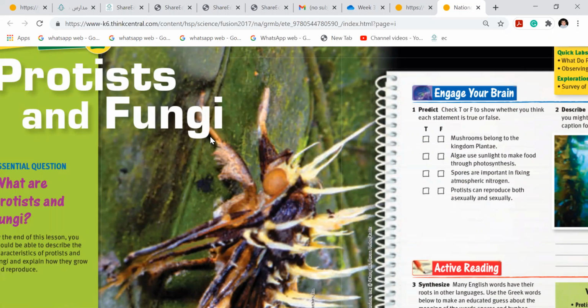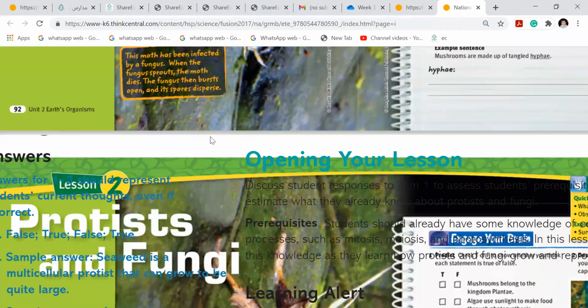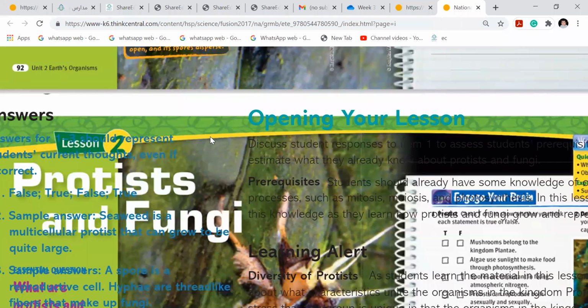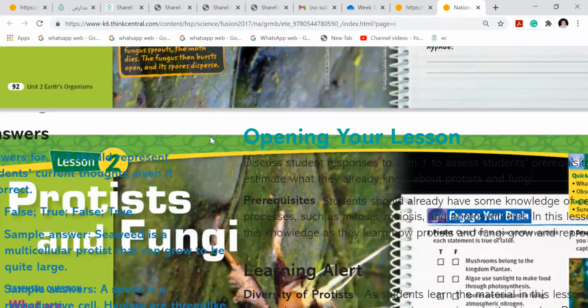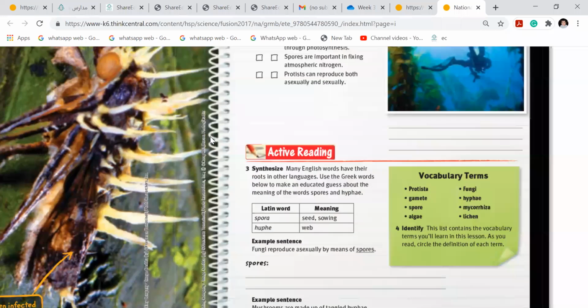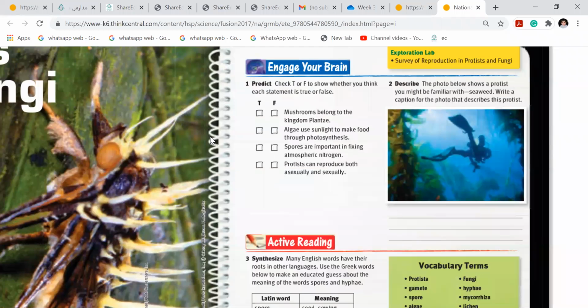Spores are important in fixing nitrogen. Girls, that is not true, spores are not important for that. Protists can reproduce both sexually and asexually. True, protists can reproduce both sexually and asexually.